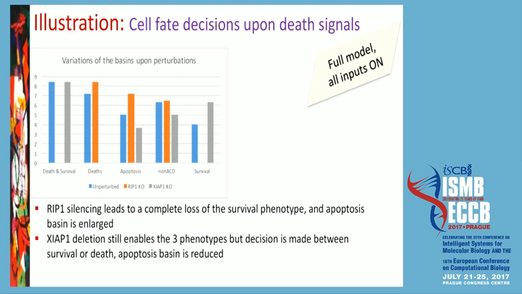The question of assessing the basins of attraction of different phenotypes is often studied to understand what type of model perturbation can be used to modify or reshape the basins of attraction. So here we perform this analysis, and we can see, for example, that RIP1 silencing leads to a complete loss of the survival phenotype and reshapes the equilibrium between the apoptosis and the necrosis.